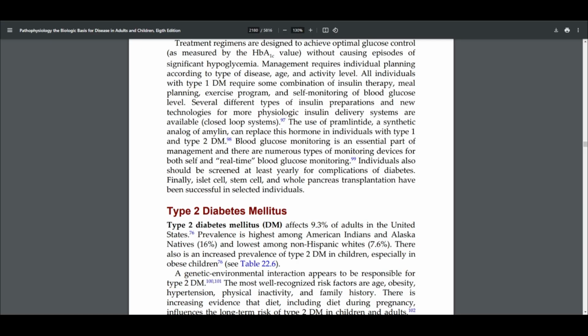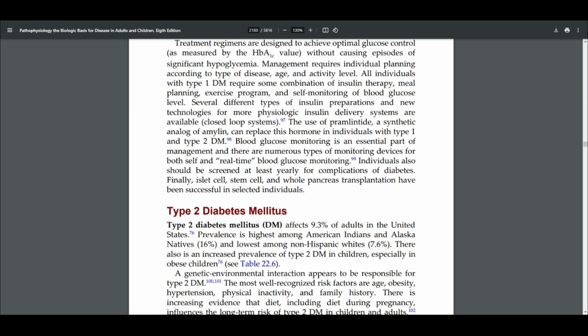The use of pramlintide, a synthetic analog of amylin, can replace this hormone in individuals with type 1 and type 2 diabetes. Blood glucose monitoring is an essential part of management, and there are numerous types of monitoring devices for both self and real-time blood glucose monitoring.